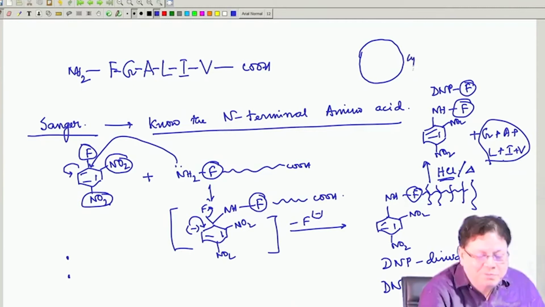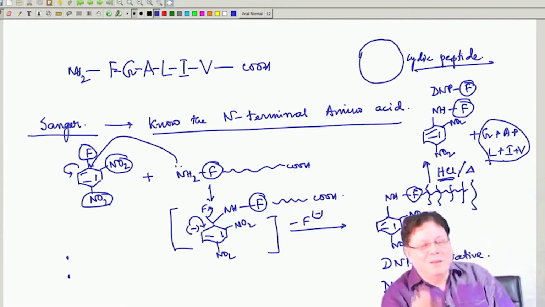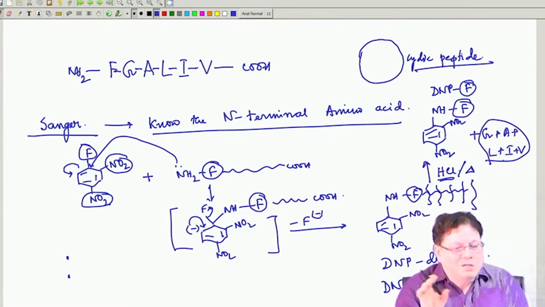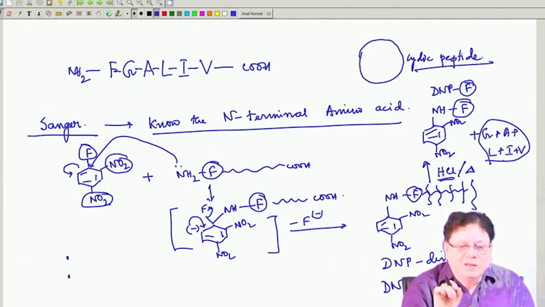A cyclic peptide does not have N terminus or C terminus. So, Sanger's method can immediately tell whether a peptide is cyclic or it has a nitrogen which is blocked, which does not react with this dinitrofluorobenzene. Okay. So, that is why it is very important.